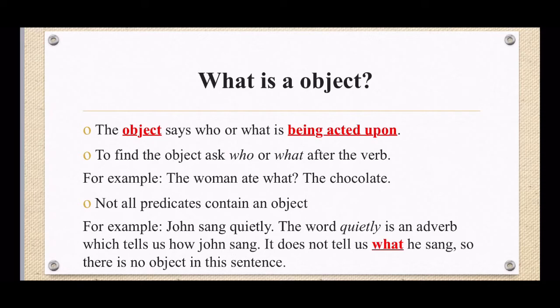So there is no object in the sentence, right? So remember, not all sentences that have a predicate contain an object, right? Sometimes there's only a predicate or only a verb that's in a sentence. Doesn't always mean there has to be an object as well.